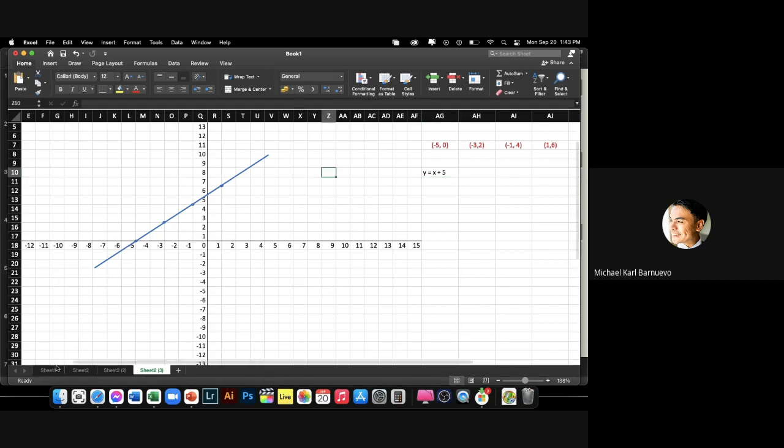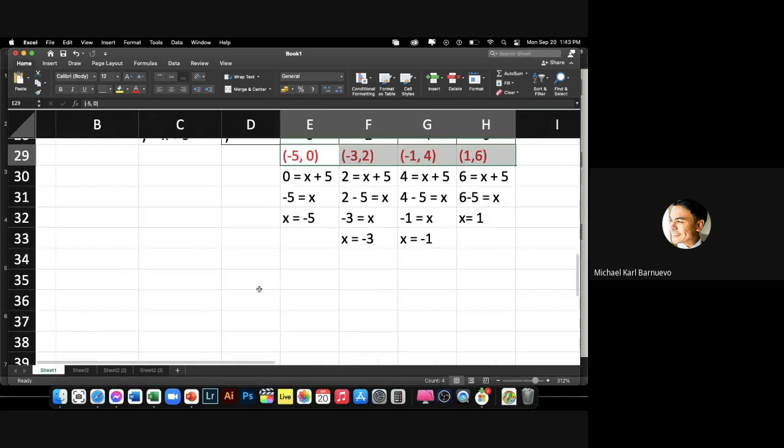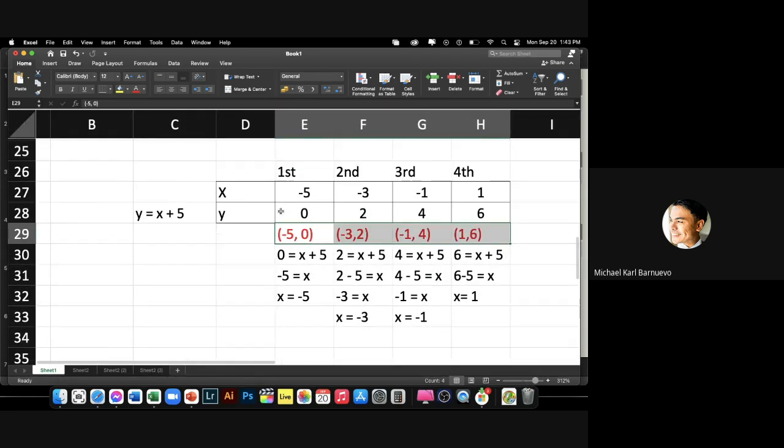Okay? So, maybe you have a question. Sir, paano ba namin ma-identify yung values dito sa mga sinolve natin? Okay. The answer is any value that you will put in either x or y, it will still fall on the same line. Okay, let's have an example. Burahin muna natin lahat to.